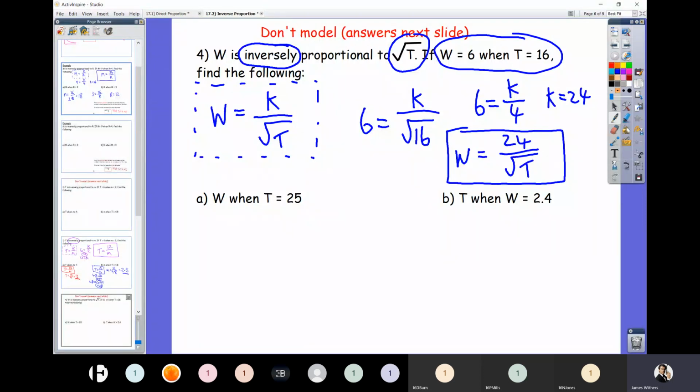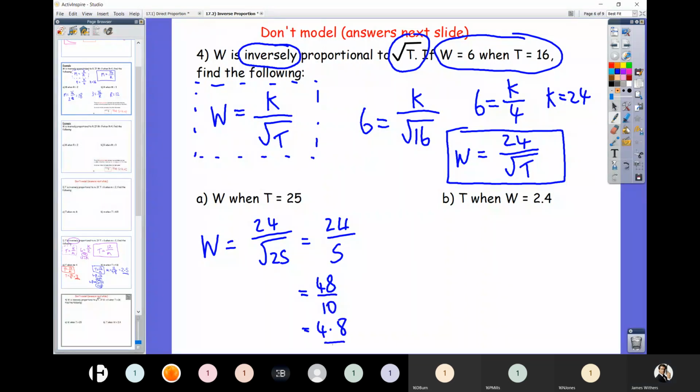So they can then ask you to work stuff out. Work out W when T is 25. So W equals 24 over the square root of 25, which equals 24 over 5, which is 48 over 10, which is 4.8. Okay, work out T when W is 2.4.